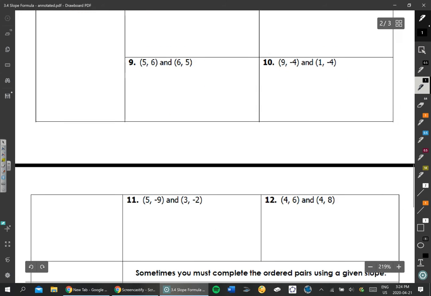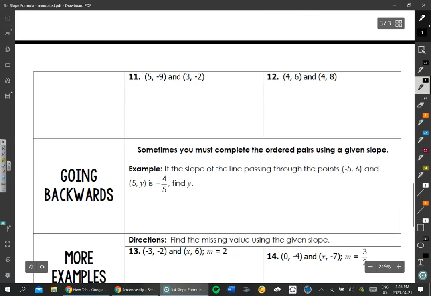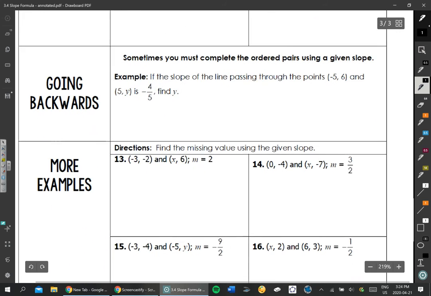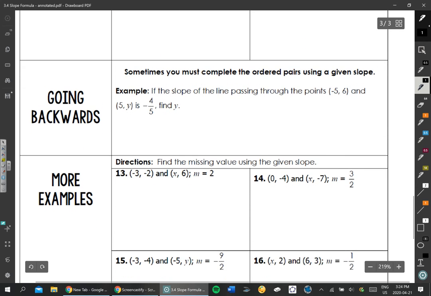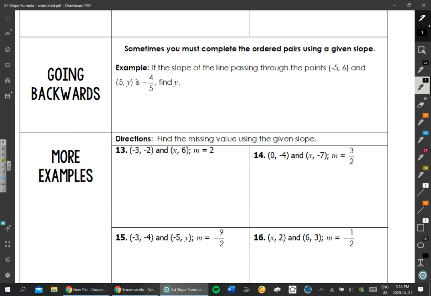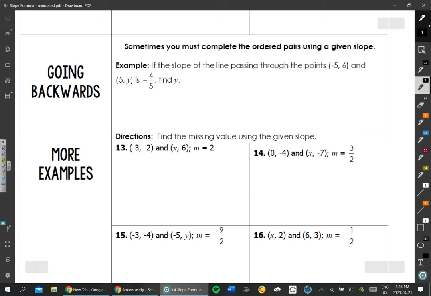Let's see what else we have here. 4 to 12. We're going to try a couple of these other question types, so called going backwards. For example, sometimes you must complete the ordered pairs using a given slope. Sometimes you're told the slope and you're told one of the points, but you're missing a coordinate of the second point.